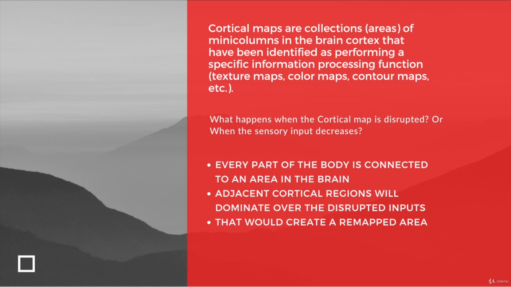So when we talk about neuroplasticity, we're not just talking about neurons and axons. We're talking about the entire nervous system. We're talking about huge, complicated, and complex cortical maps that have been formed over years and years.